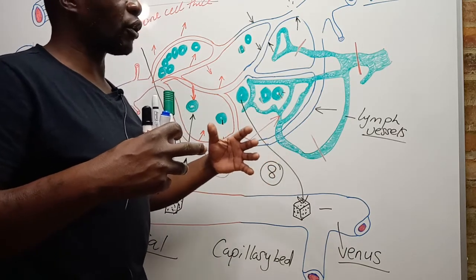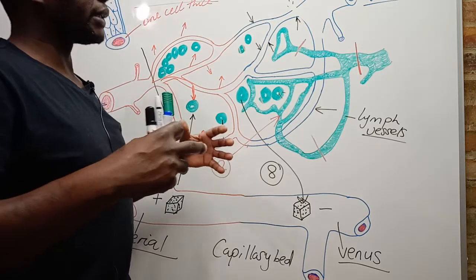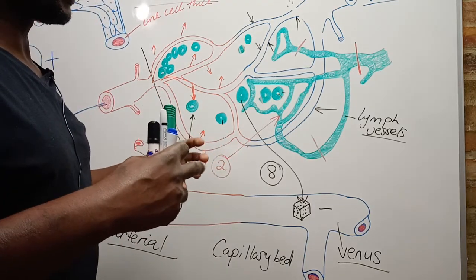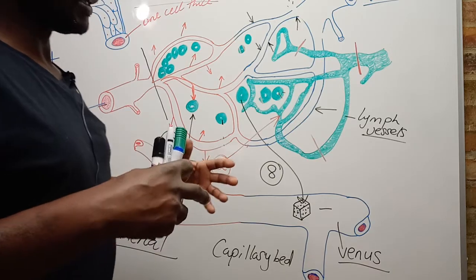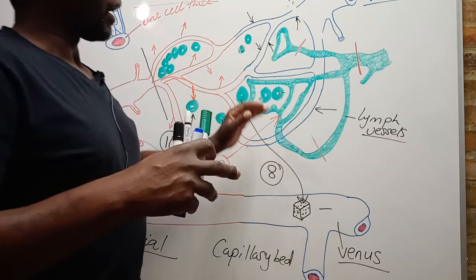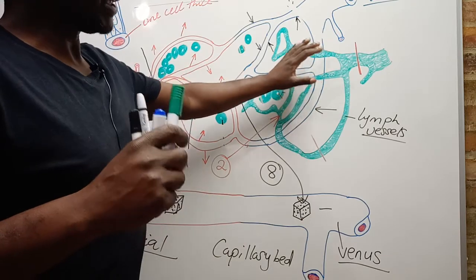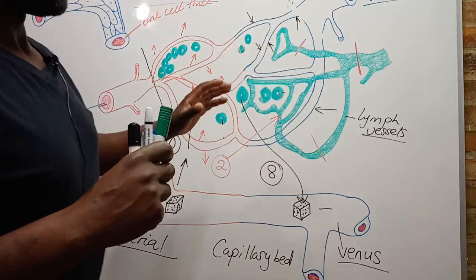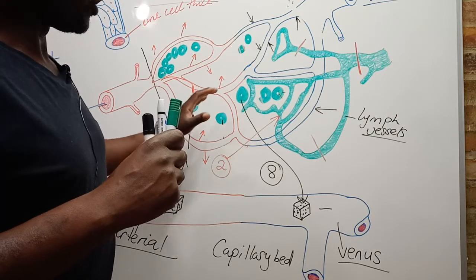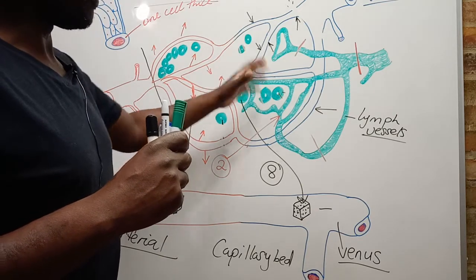The lymph vessels will swell, and we will have a human condition called elephantiasis. That is the condition that is going to develop. So this is how the condition or the disease develops.